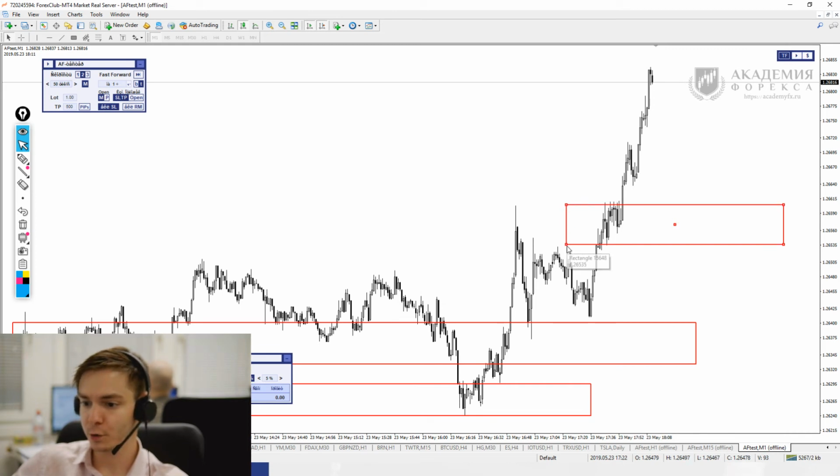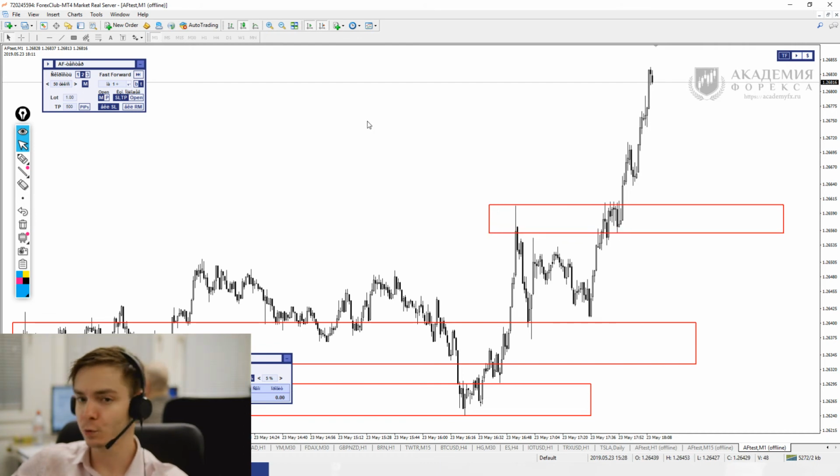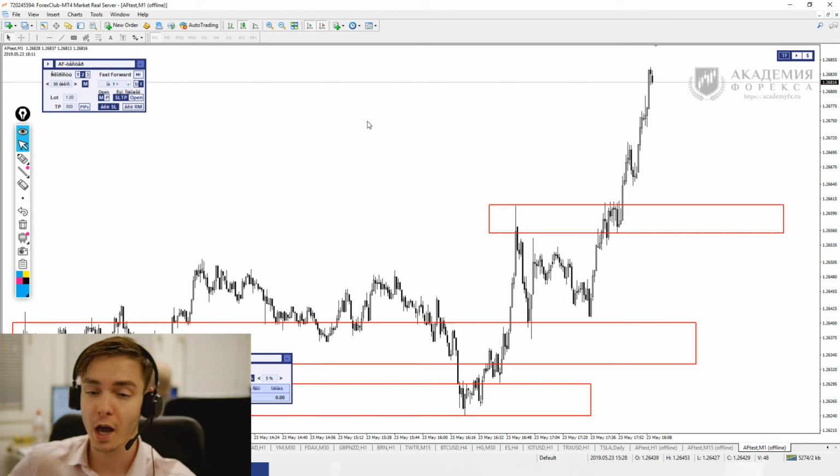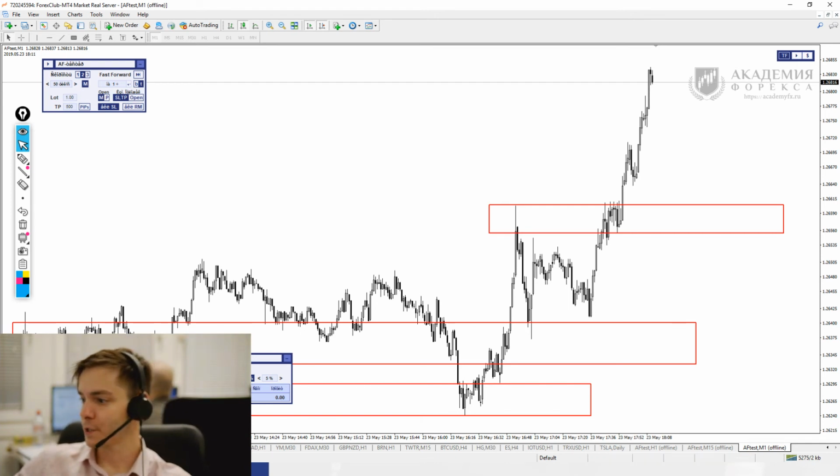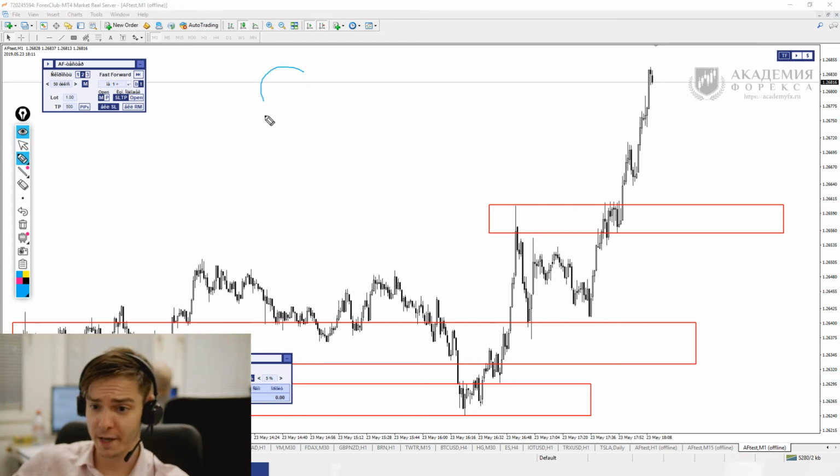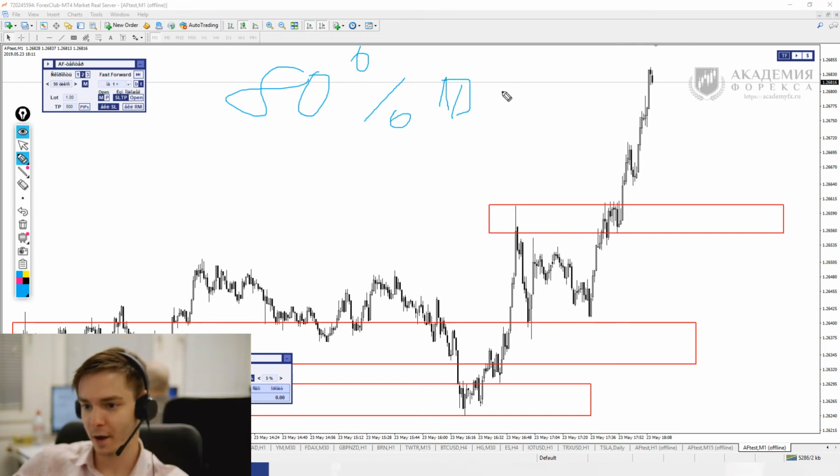We have two types of take profit, more than two types, of course. We have two basic ones, but four types. The first one is that we use 80% of the daily ATR.